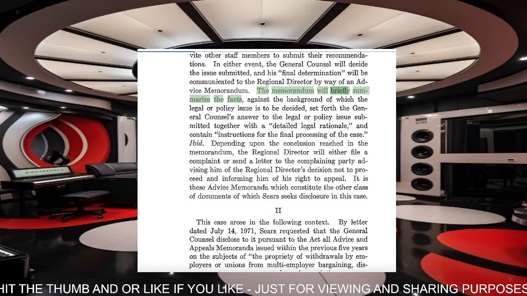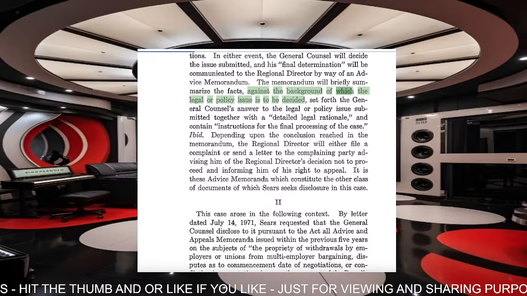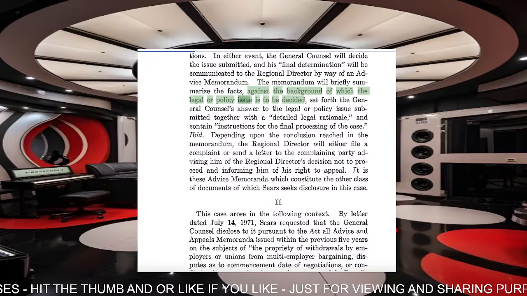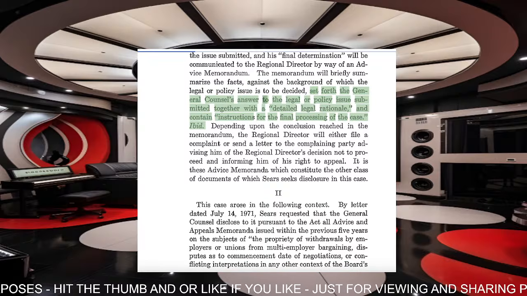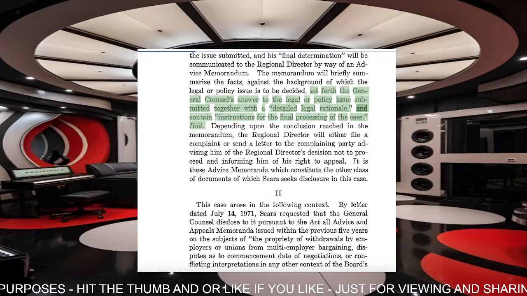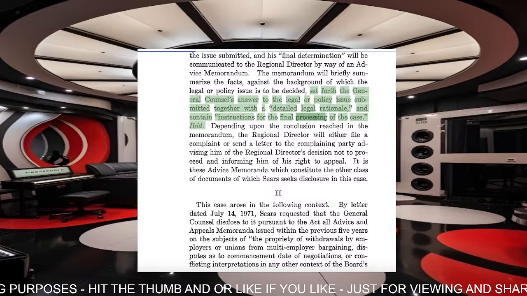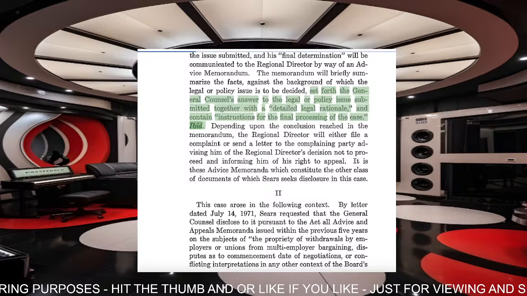The memorandum will briefly summarize the facts, against the background of which the legal or policy issue is to be decided, set forth the General Counsel's answer to the legal or policy issue submitted together with a detailed legal rationale, and contain instructions for the final processing of the case. Ibid.